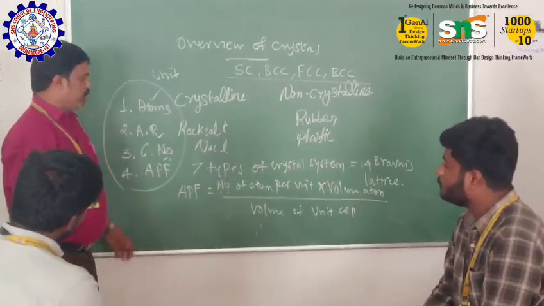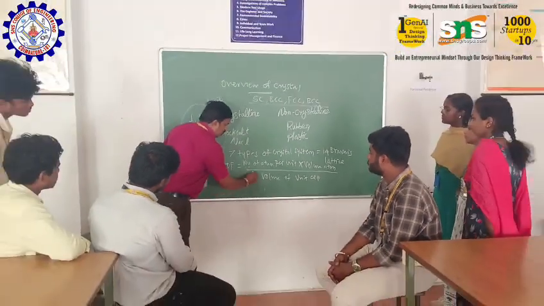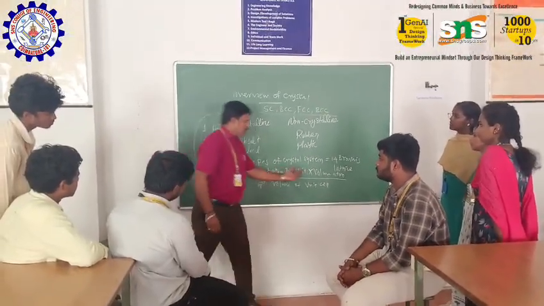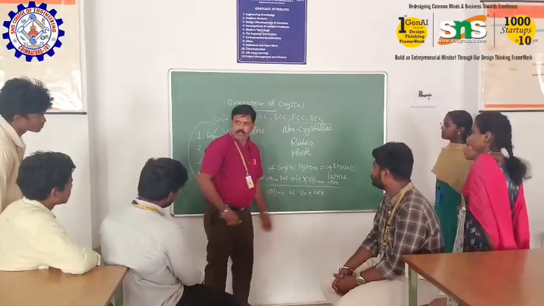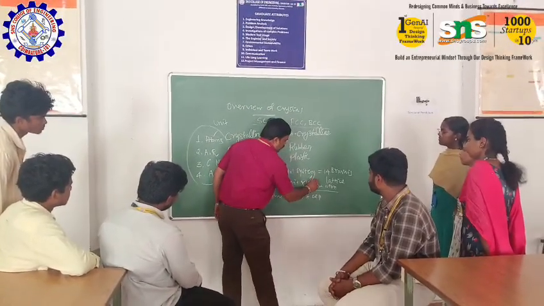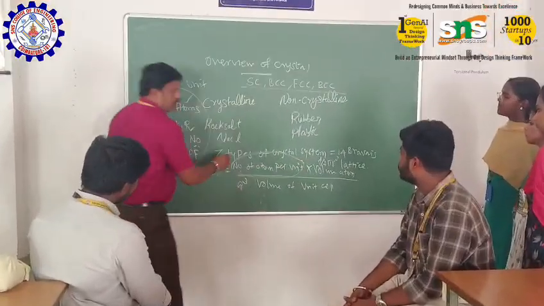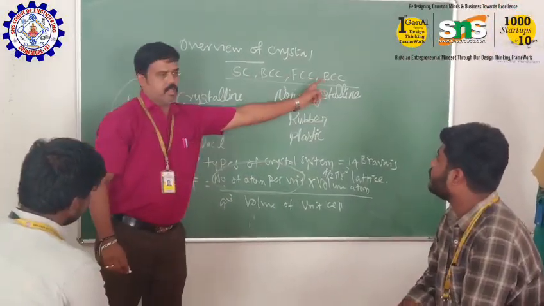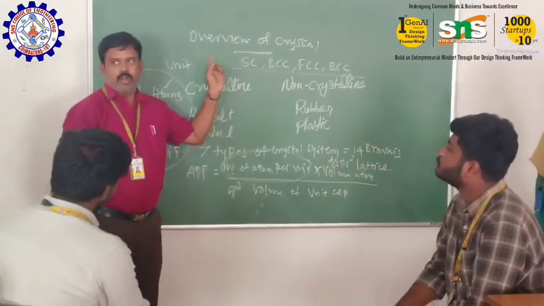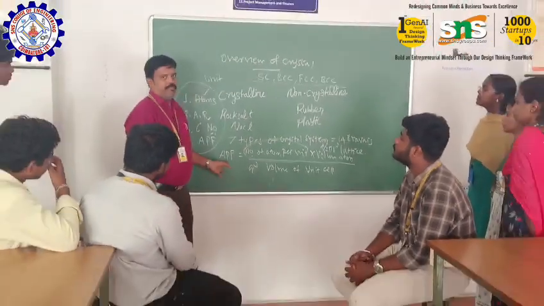For a cubic structure, the volume of unit cell is a cube. The volume of atom is taken as a sphere, so it is 4 by 3 pi r cube, and this changes based on the structure. So we have calculated the APF.